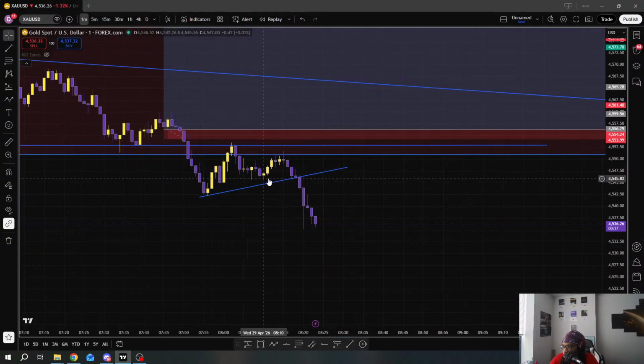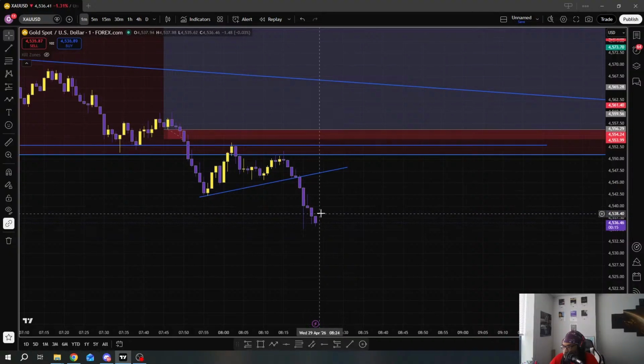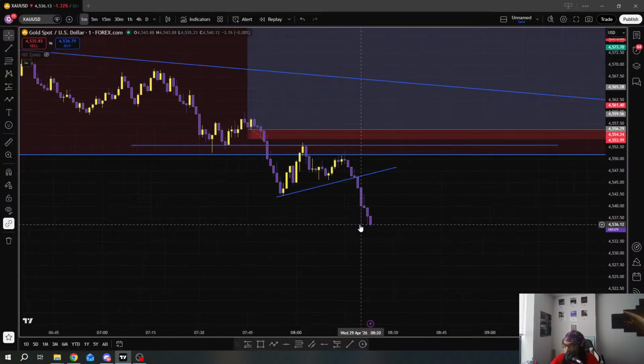Yeah, we had a little trend structure here. We broke this structure. We continue to the downside. Now we have a little line on the 1 minute to give us clarity on what price could potentially do if it continues to drop.